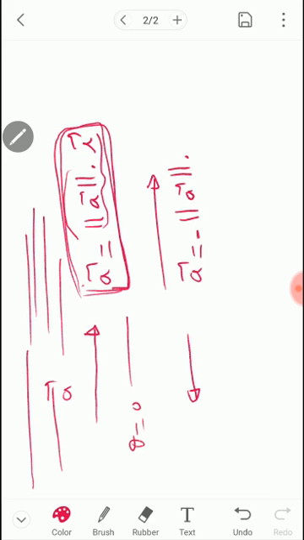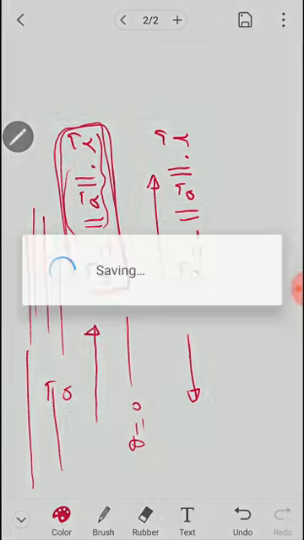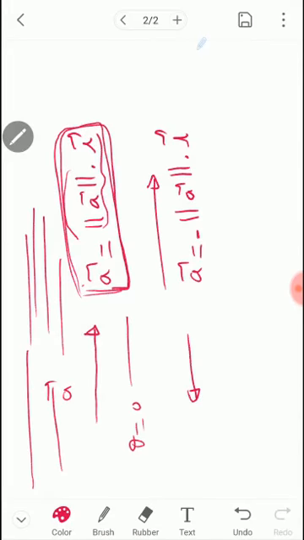If the direction is in this sense, it can be written as this.